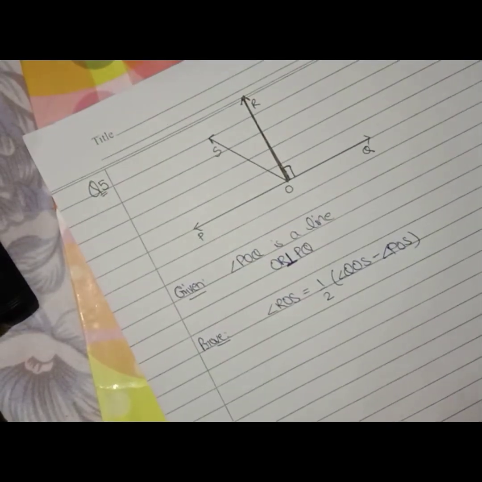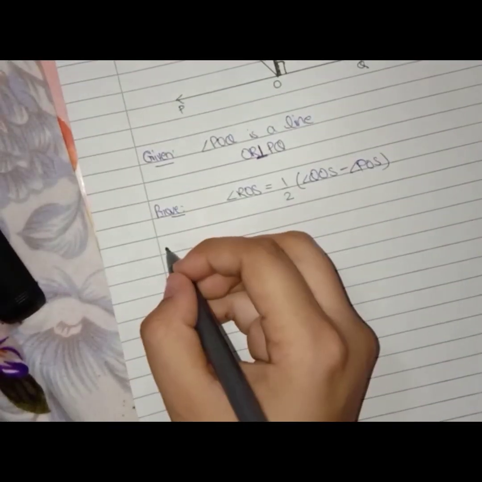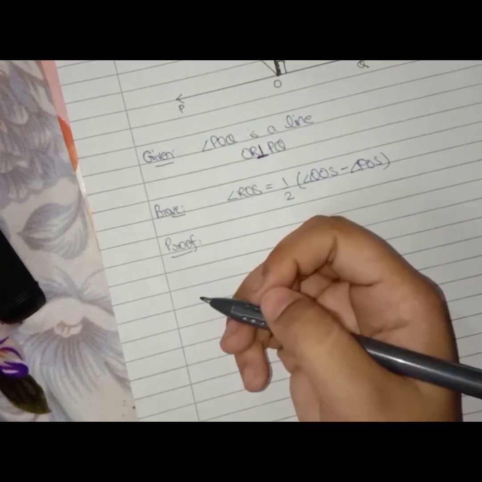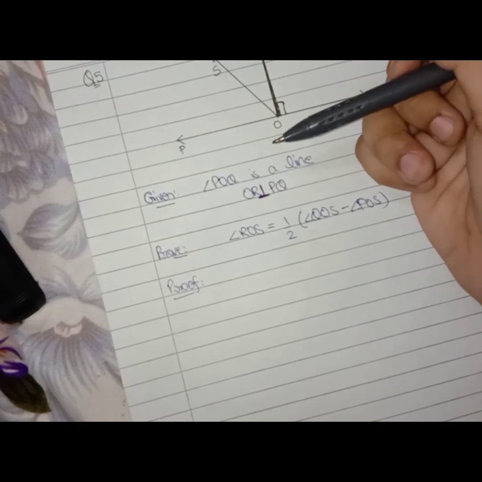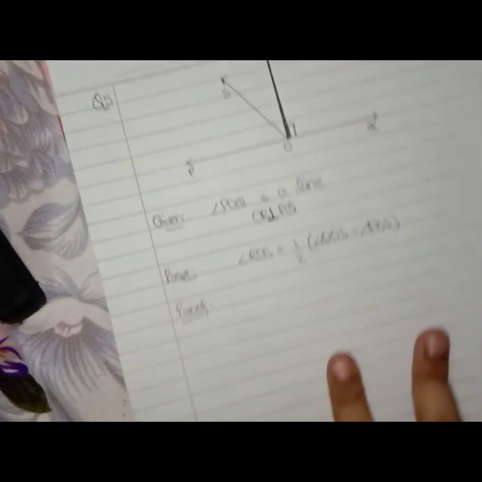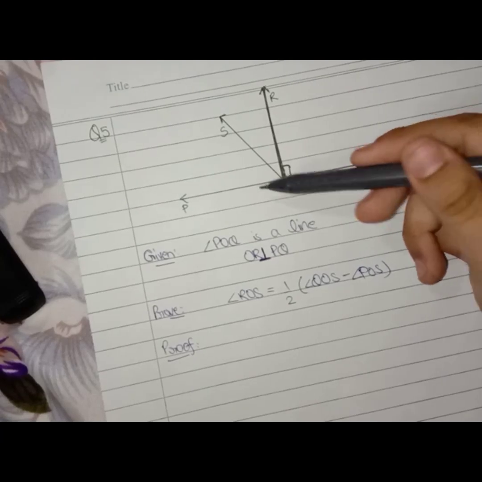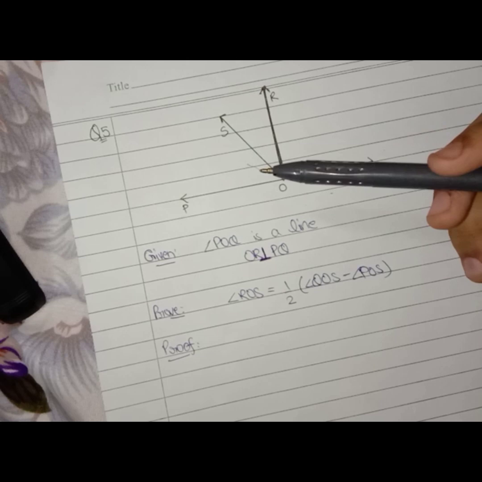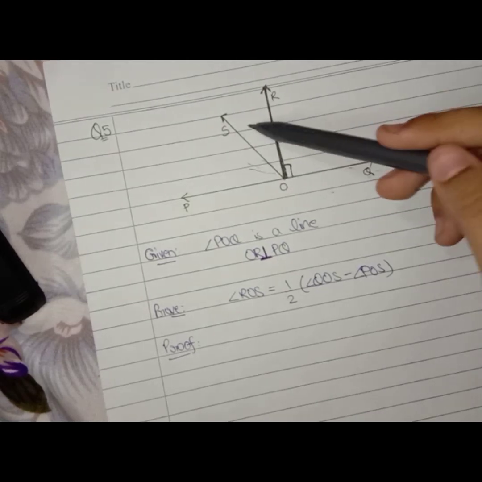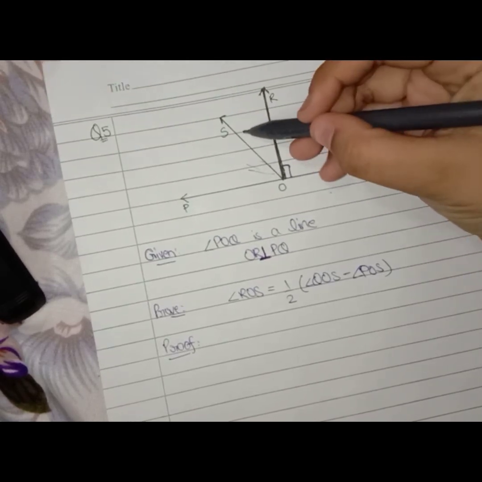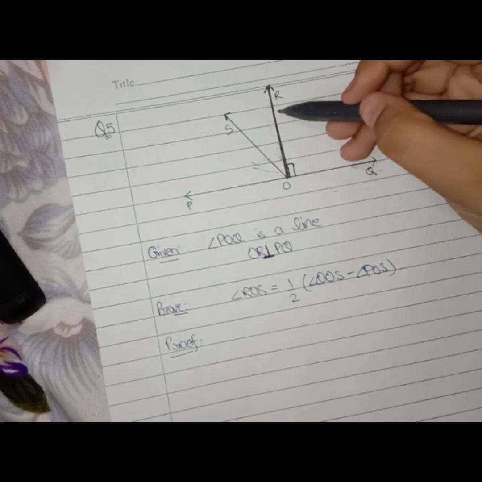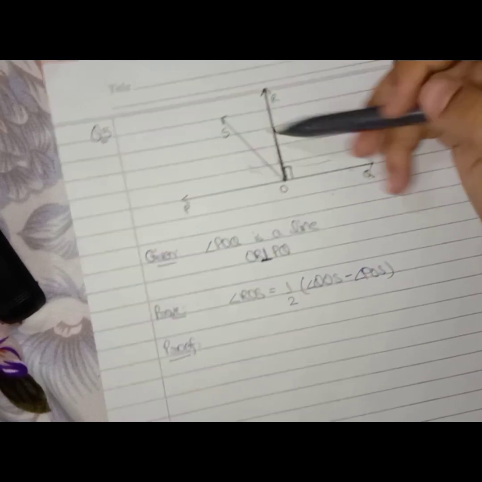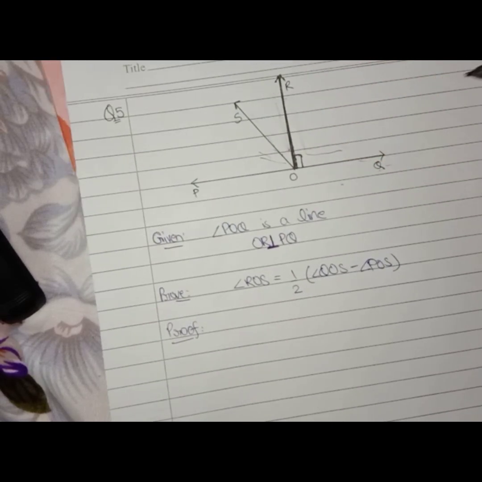Okay, now our proof for the answer is that first we can see SOQ. Which two angles is the whole SOQ made up of? First SOR angle and ROQ angle. The whole SOQ is made up of angle SOR and ROQ.